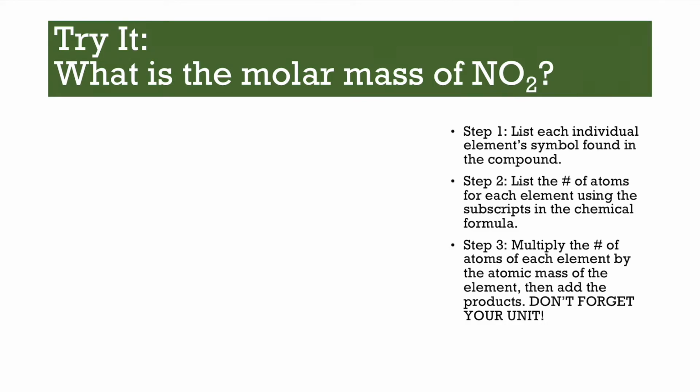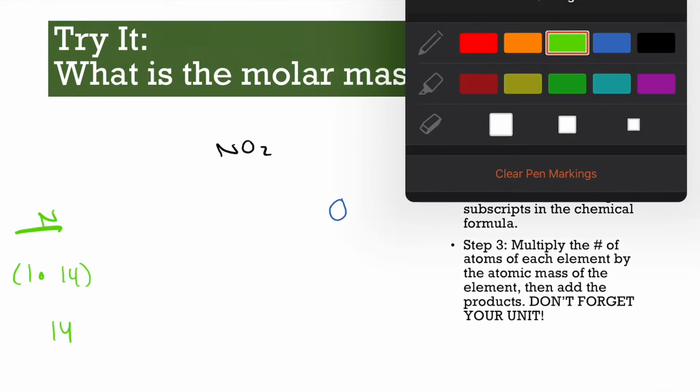Okay, so try this one. What is the molar mass of NO2? So we have NO2, you have N, and we have a different color, O. So with N, we have 1 of them. Nitrogen has a mass of 14. 1 times 14 is 14.